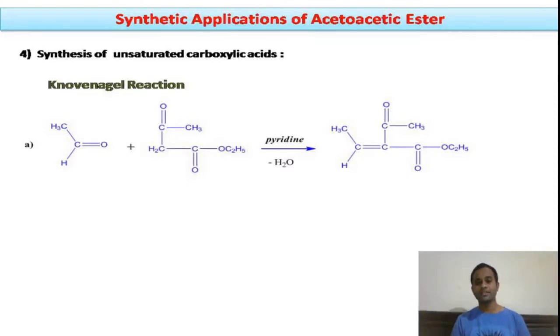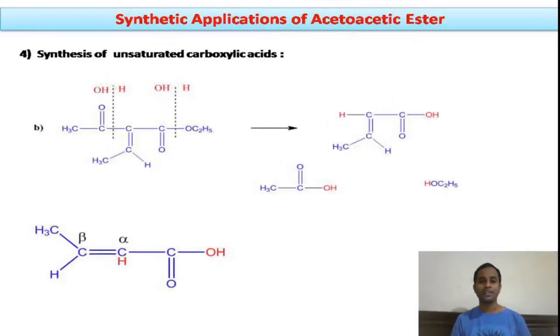This formed product will undergo acid hydrolysis, that is we have to cleave the ester group as well as keto group, and here the main product is this substituted carboxylic acid, that is nothing but our product alpha beta unsaturated carboxylic acid.